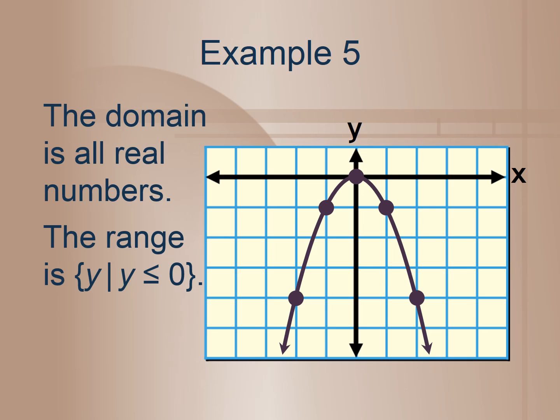Sorry, not greater than, less than. Whew, that's silly. All the numbers are less than or equal to 0, right? Because it can't go greater than 0. So notice how I write it. I said all the y's such that, that's that vertical line right there, y is less than or equal to 0.